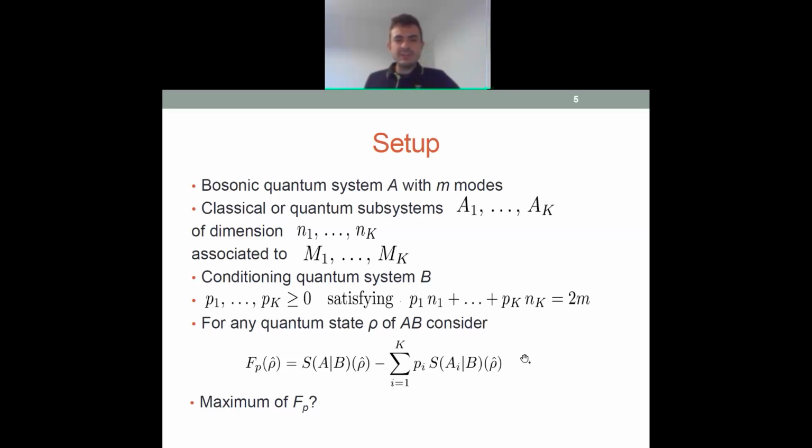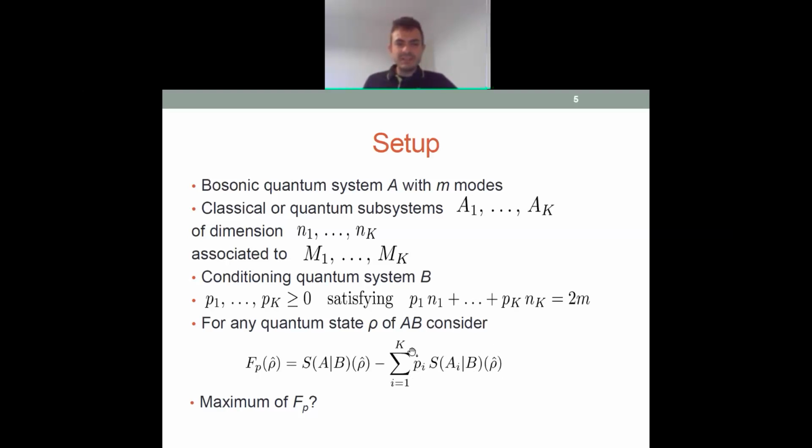So I can now state this generalization of the strong subadditivity for bosonic quantum systems. Given a quantum state rho of the joint system AB, we consider this quantity here. We consider the entropy of A conditioned on B on the state rho minus a linear combination of the entropy of the subsystems Ai conditioned on B, always computed on the state rho.